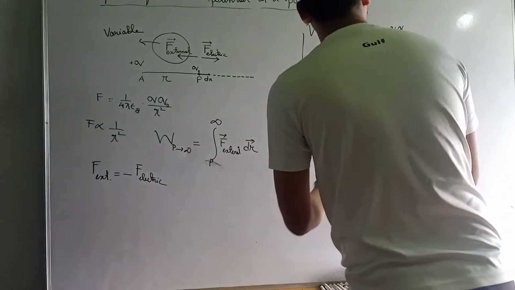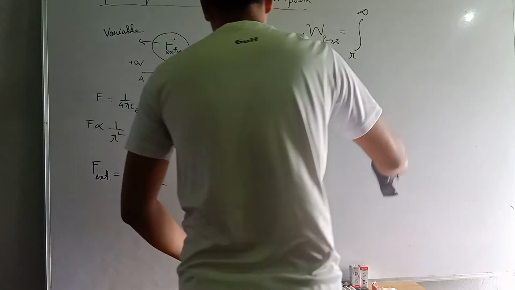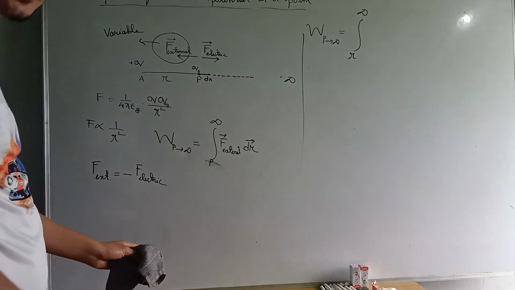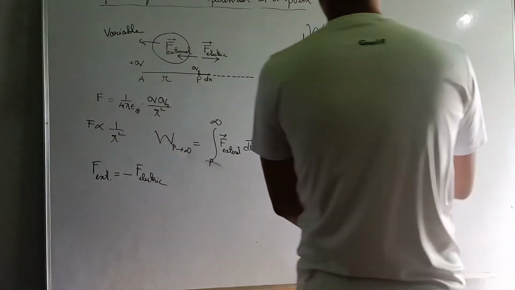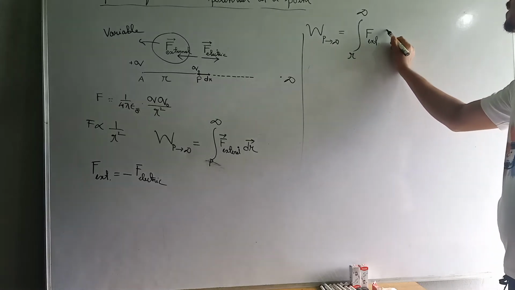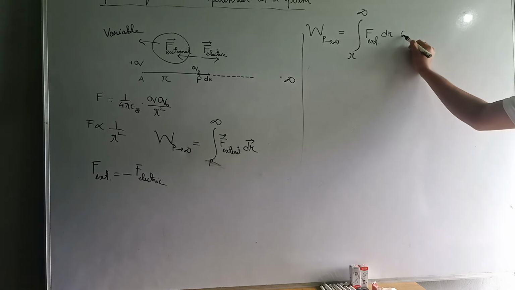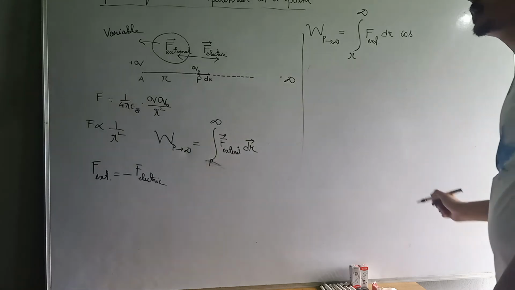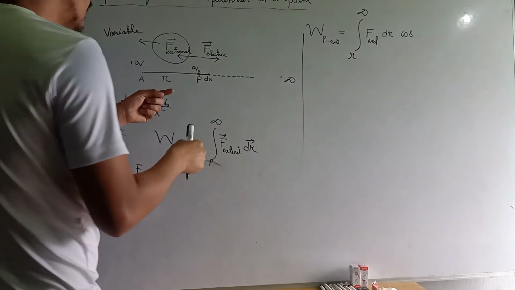Before I write these things, let me convert this dot product to a simple product. The dot product of F and dr will be F external times dr with the cos of the angle between them.